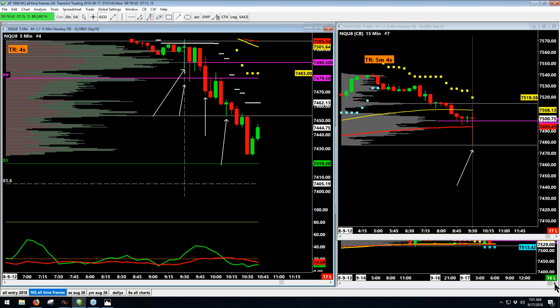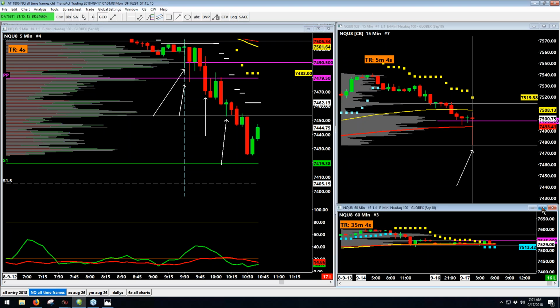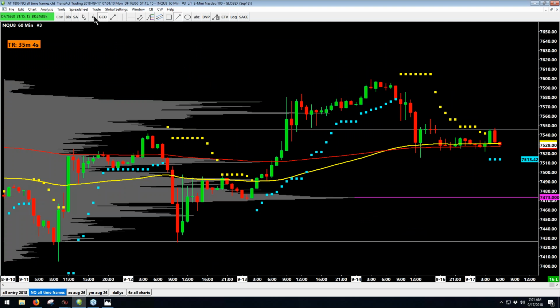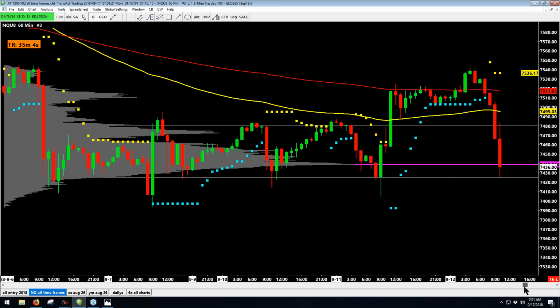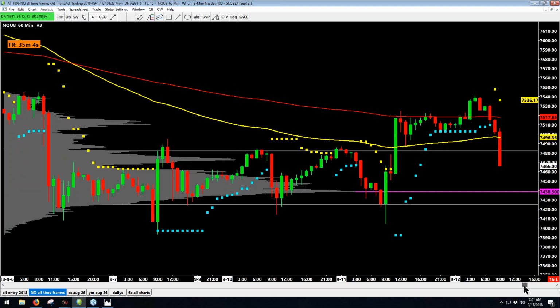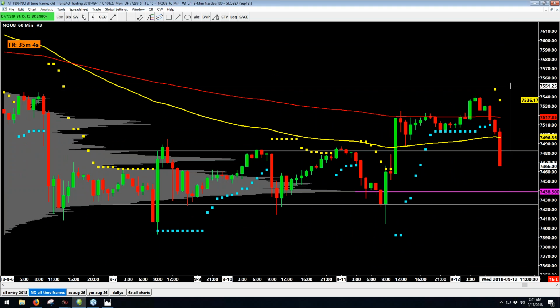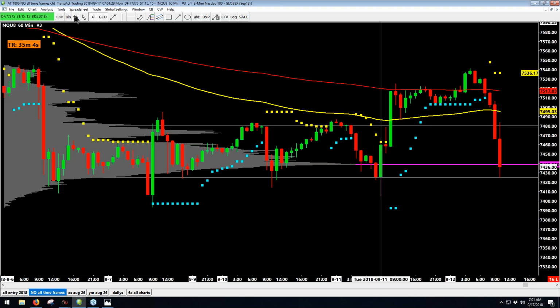Looking at the 60 minute though, what I will point out is in the area that you would look to take the entry here, and let me just scroll back so we can't see any other volume except that up to that day. Okay, so right around there.